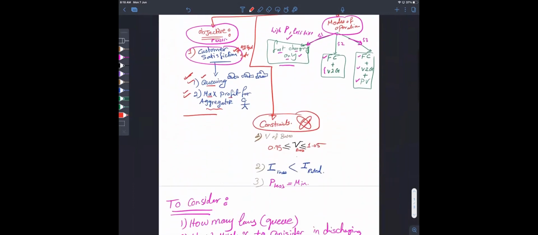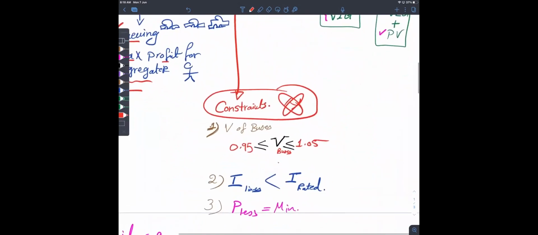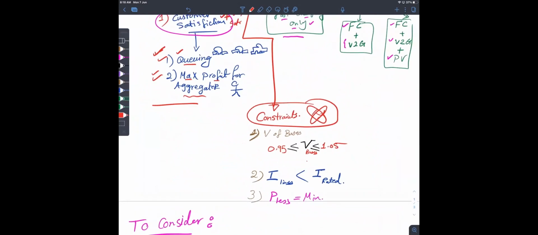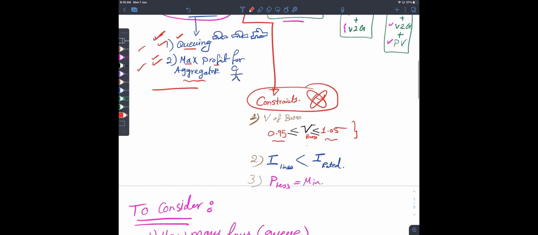So I need to maintain, at every possibility, at every queuing, for all 3 scenarios and for customer satisfaction parameters, the voltage of the buses between 0.95 per unit and 1.05.